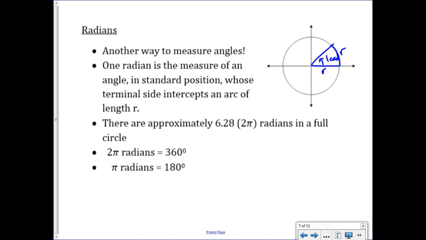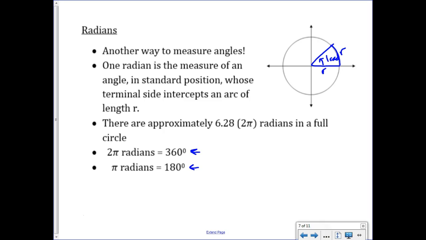So there are approximately 6.28 radians in a full circle, which is 2 pi. So that means 2 pi radians is 360 degrees, which means that pi radians is 180 degrees.